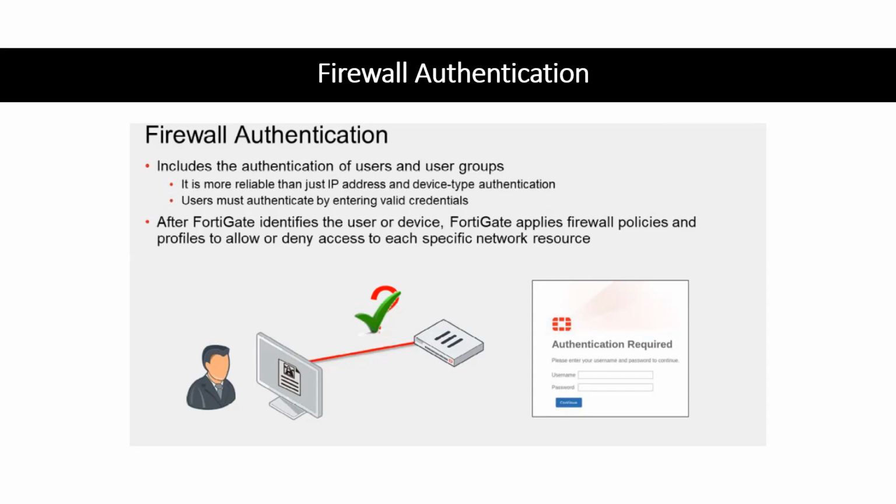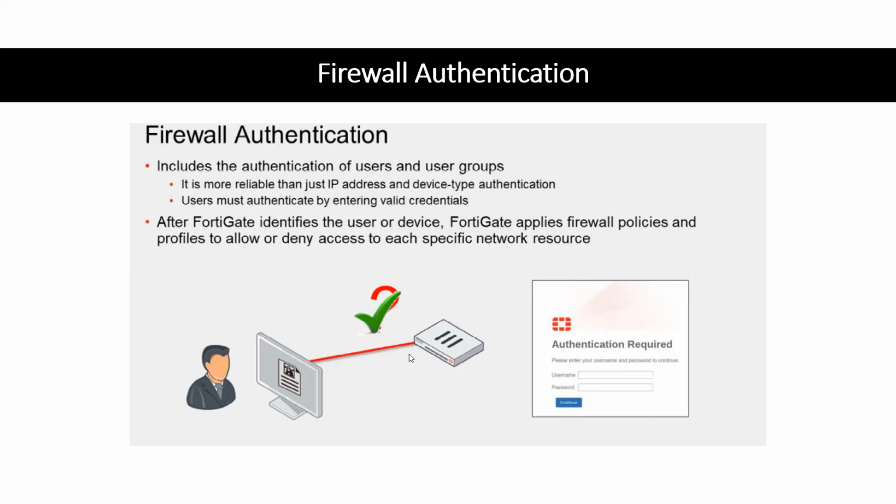In the same breath, the FortiGate includes authentication of users and user groups, so Don can create that. But then you can log into multiple devices, and there are so many things to consider with just this one method of firewall authentication, that we want to look at these different methods, and that's what this section is for. So let's keep rolling.